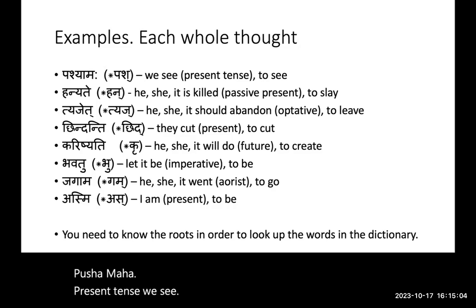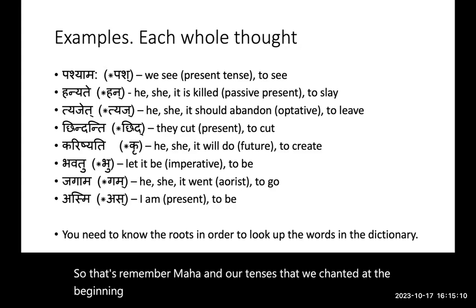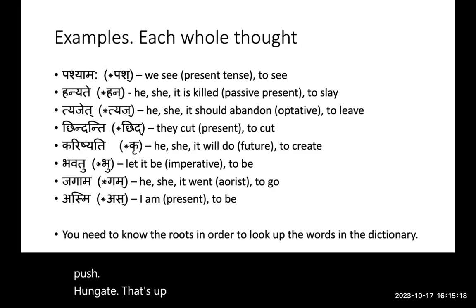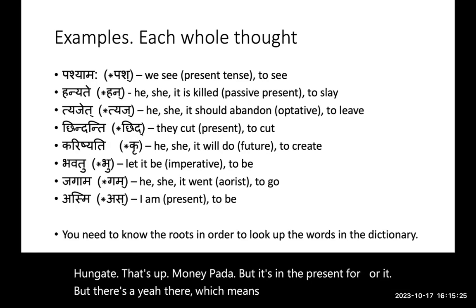Remember, the maha is from our tenses that we chanted at the beginning. So pashyamaha, present tense, to see, Sanskrit root pash. Hanyate, that's atmanepada, but it's in the present for he, she, or it, but there's a ya there, which means it's actually passive. Han, to slay.